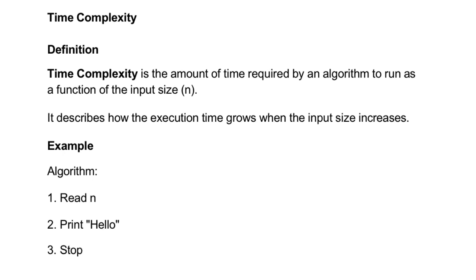One time. Yes, correct. So the execution time never changes. Whether n is 100 or 10,000, the statement is still executed only once. So the time complexity is order of 1. Here order of 1 means constant time.